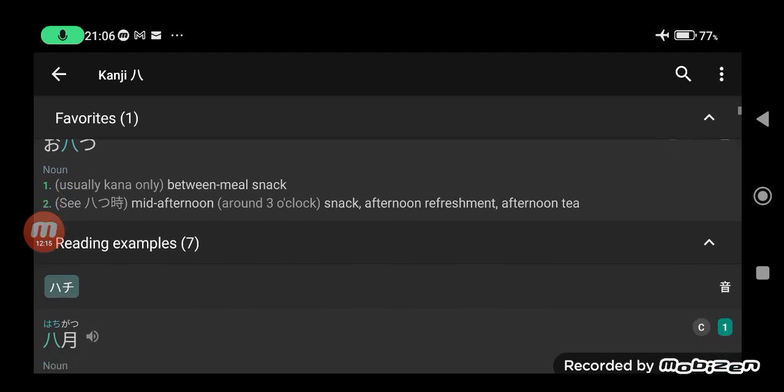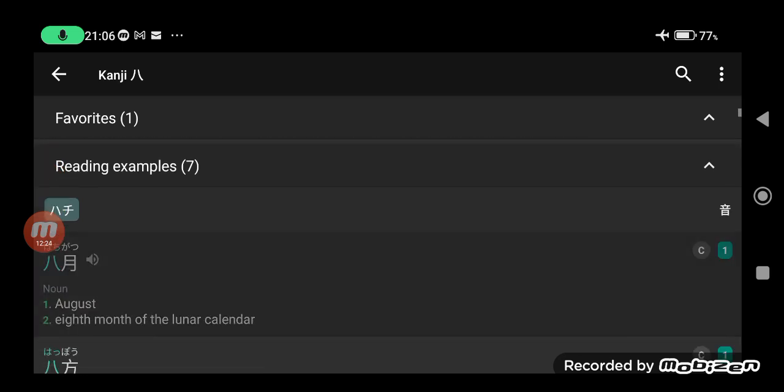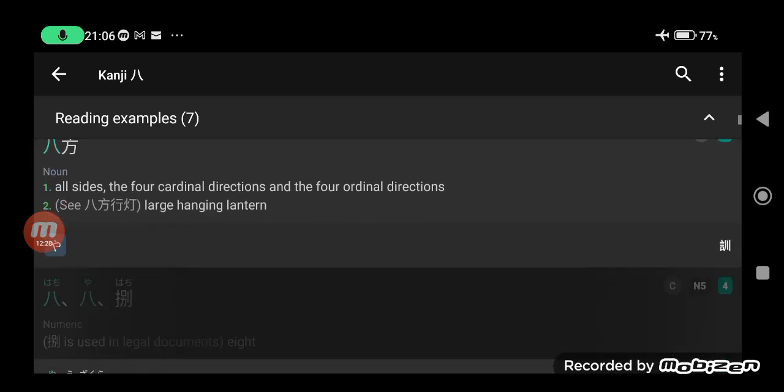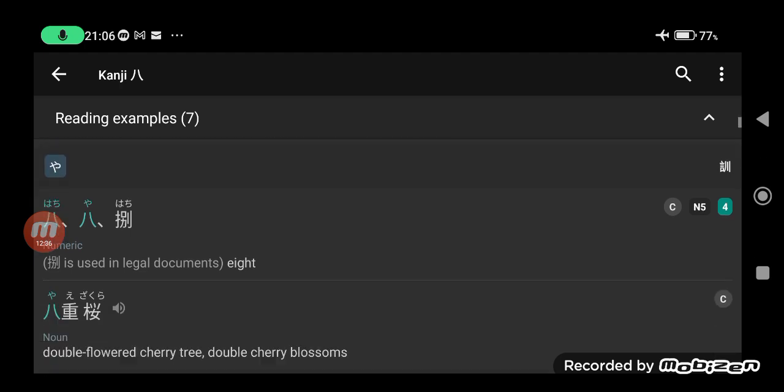So oyatsu, meaning in-between-meal snack. Hachigatsu is August. Happo, all sides, the 4 cardinal directions and the 4 ordinal directions.